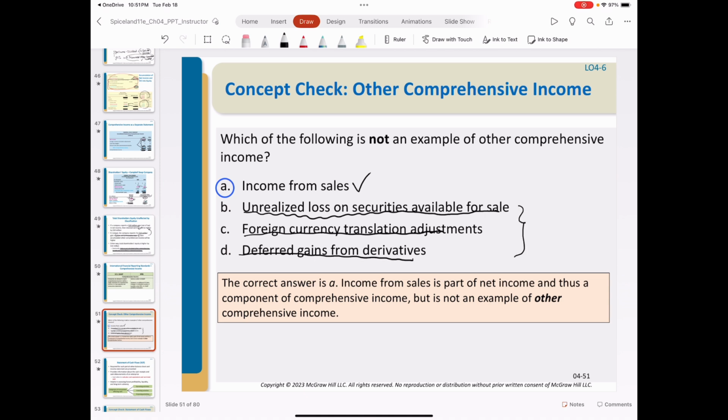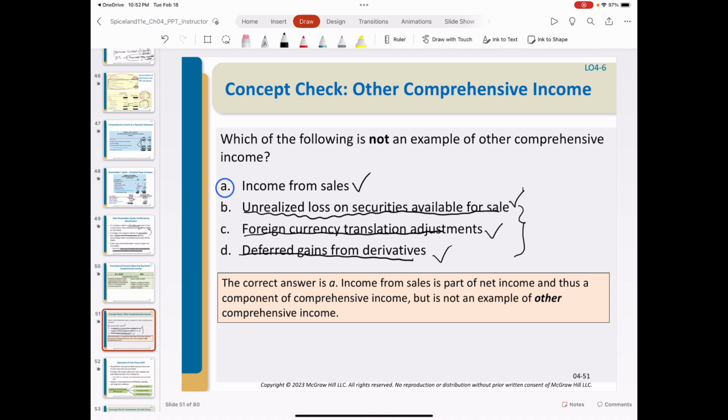The change of these three are due to factors that cannot be controlled by the company. Unrealized loss is due to the market change, market price of the available for sale securities. This is due to the change in the exchange rate, and this is also related to the change in the value of derivatives.